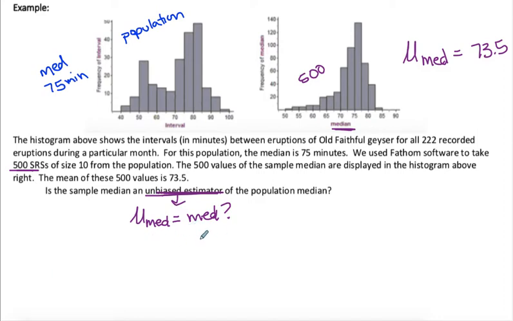So when I look at the population, I have 75. When I look at the average of all the medians we took, I get 73.5. That is not equal.